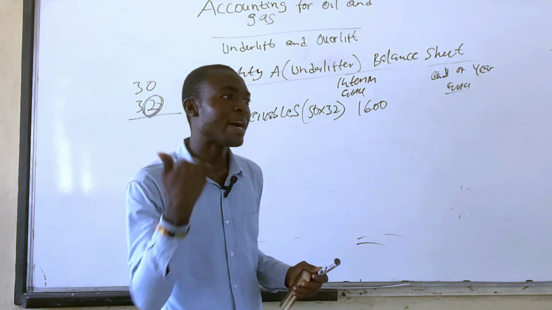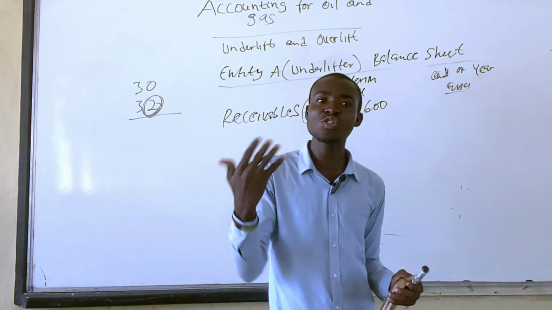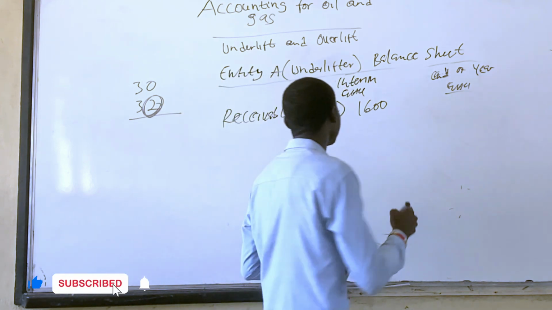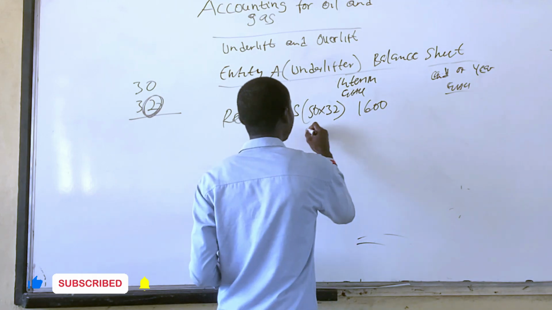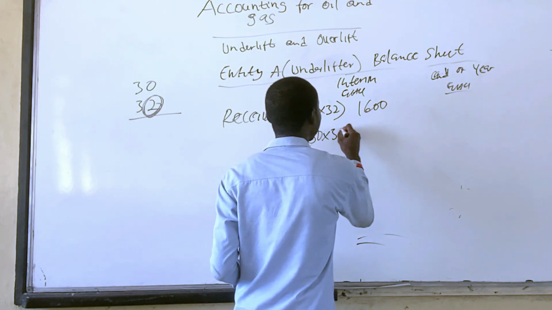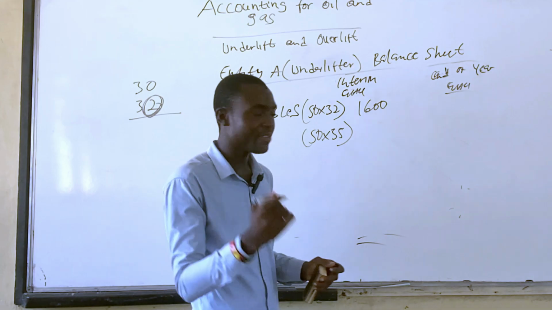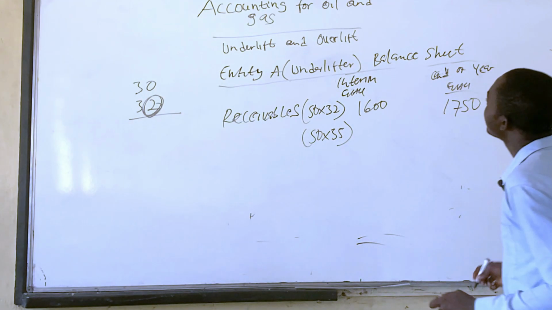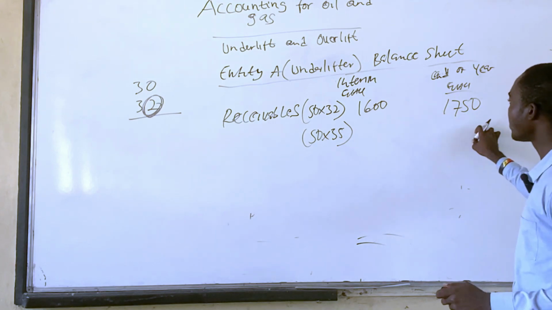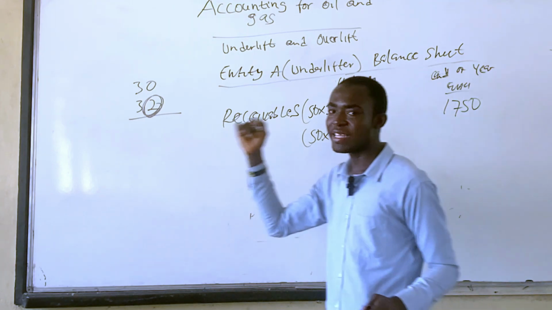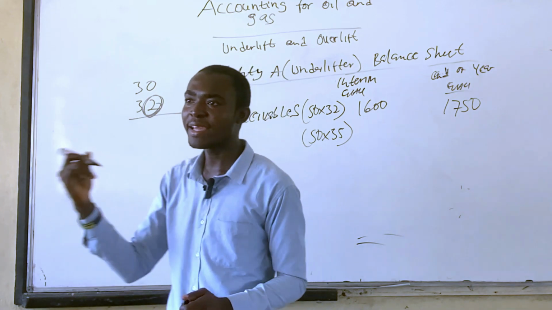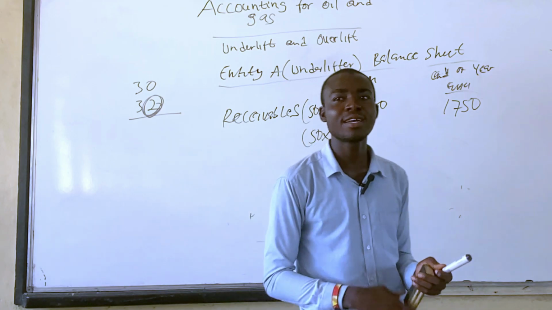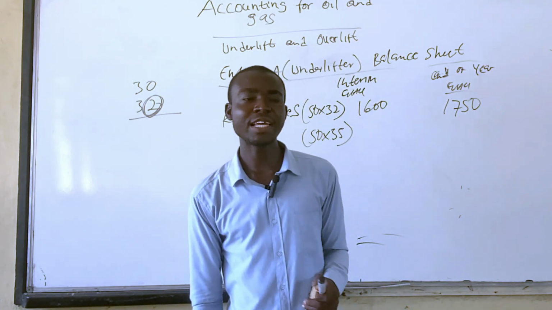So the amount that entity B is owing entity A will be valued at 35 Ghana cedis. So at the end of the year, it will be 50 times 35, which will give us 1,750. So there is a difference of 150. This is what we recognize in the income statement as our other income. So that's all about overlift and underlift.